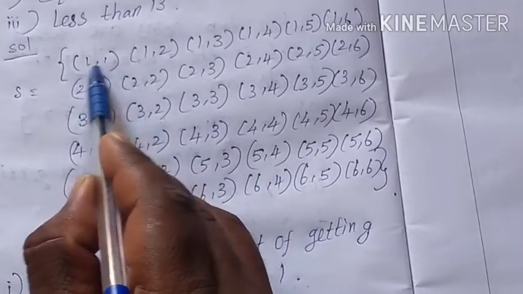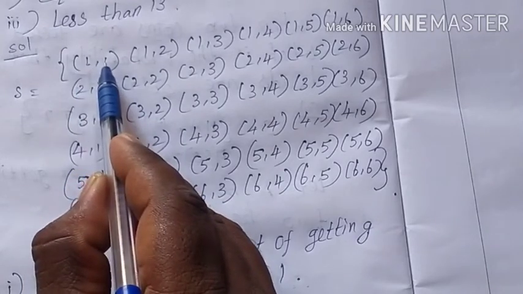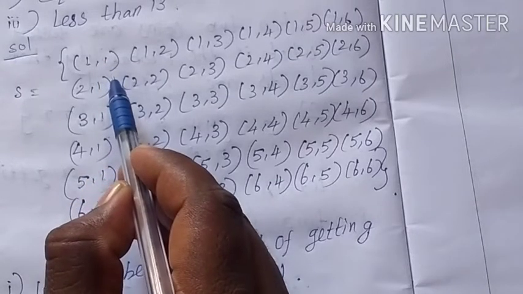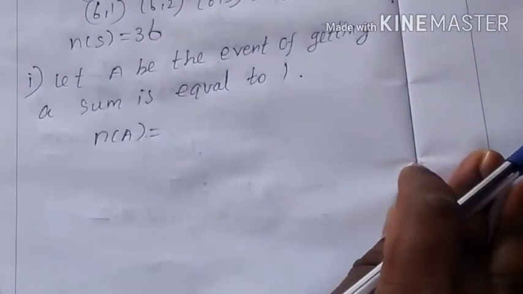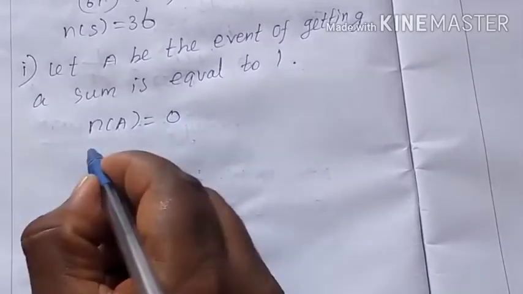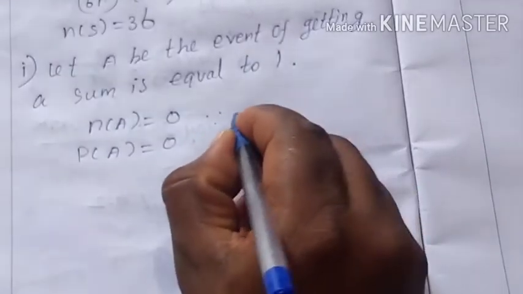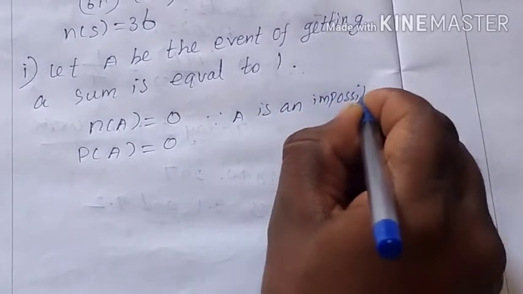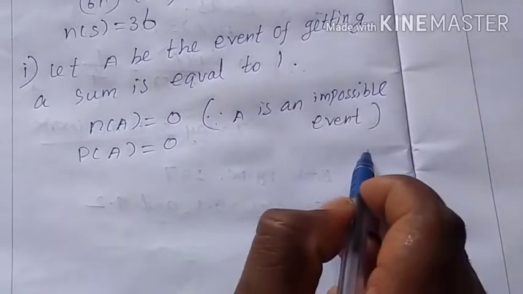The minimum sum is 2, since 1 plus 1 is 2. So the given event is an impossible event, and the probability of an impossible event is 0. Therefore n(A) is equal to 0 and P(A) is also 0, since A is an impossible event because the minimum sum is 2.